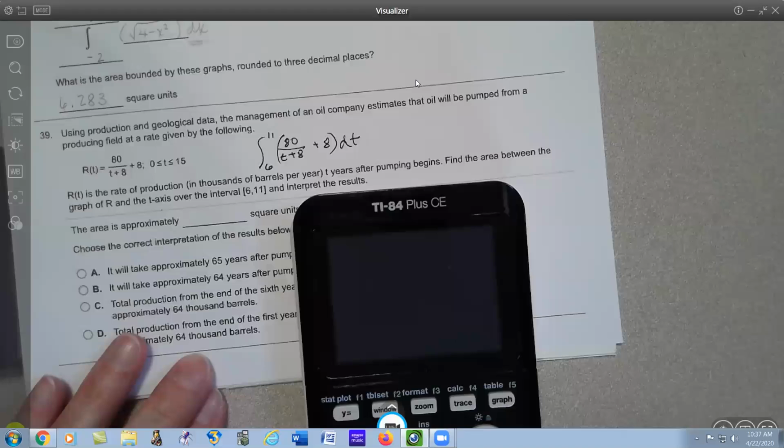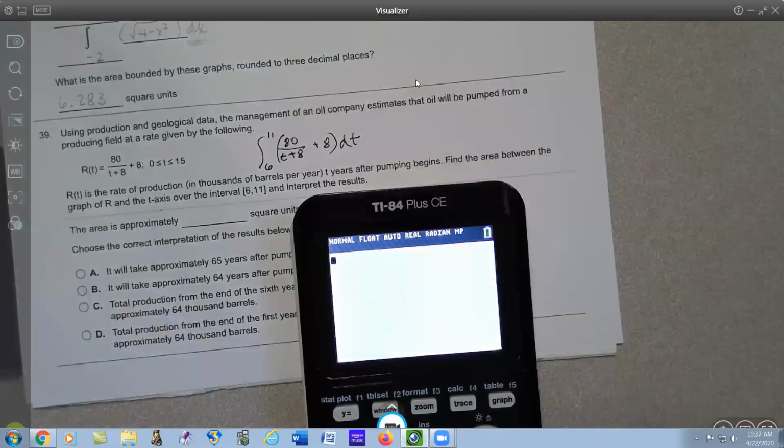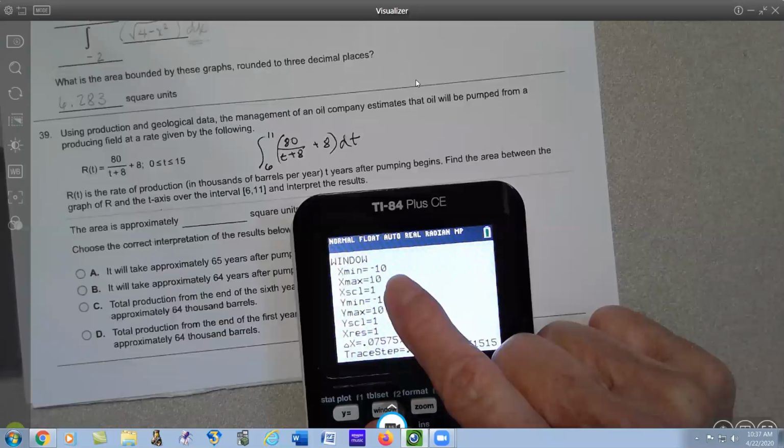It does say from 6 to 11 down here, and I'm going to show you an issue with your calculator. Let me do zoom 6. I haven't cleared out the circle yet. But my window with respect to the x-axis, guys, it only goes to positive 10. I'm going to have to make that bigger.